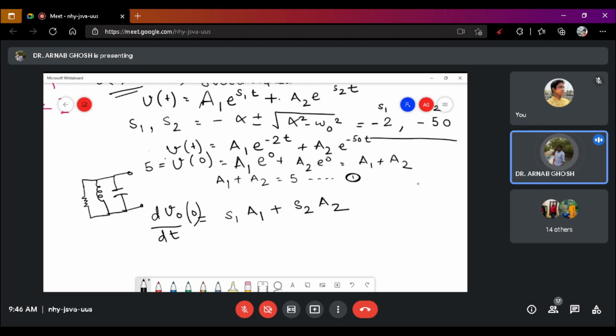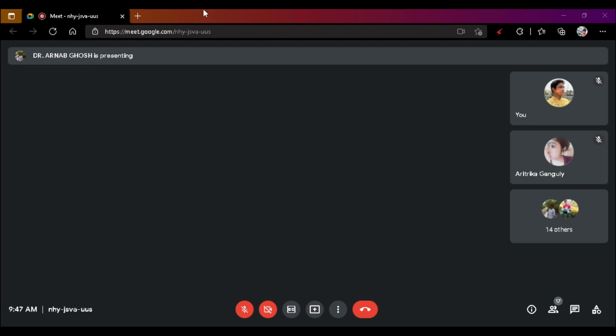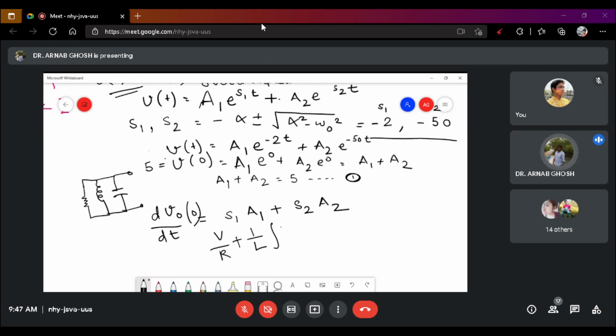This was V by R plus 1 by L integration of V d tau plus I0 plus C dV by dt. Right, so this was the initial expression.